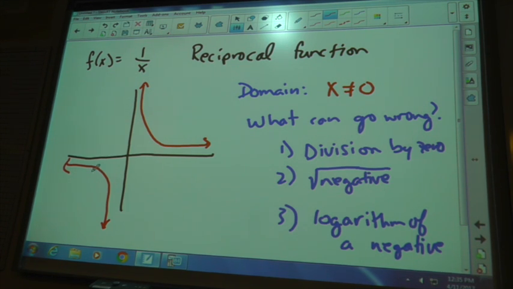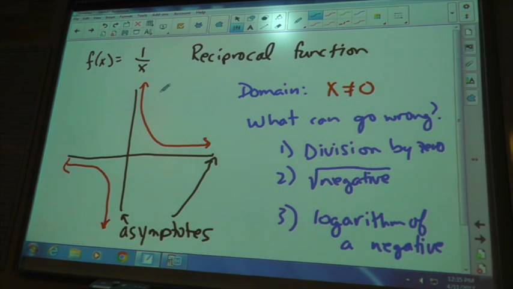What y values can come out of here? So these are what we call asymptotes right here. You can guess which one is a horizontal. This is a horizontal asymptote, this is a vertical asymptote.